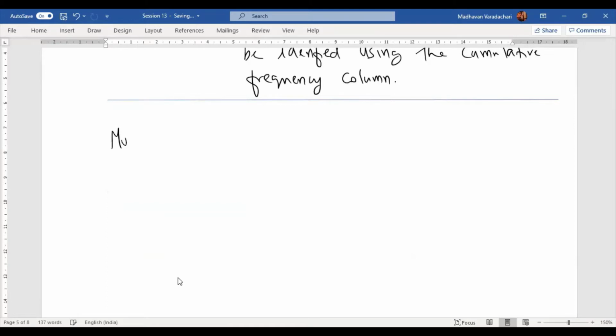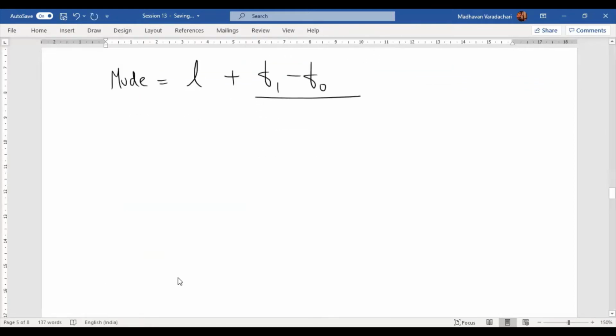Mode is equal to L plus F1 minus F0 divided by 2 times F1 minus F0 minus F2.